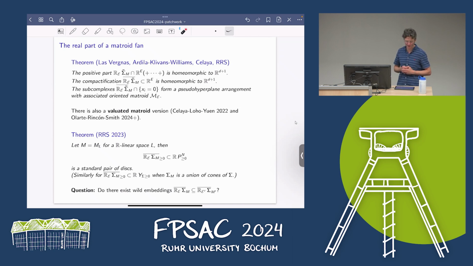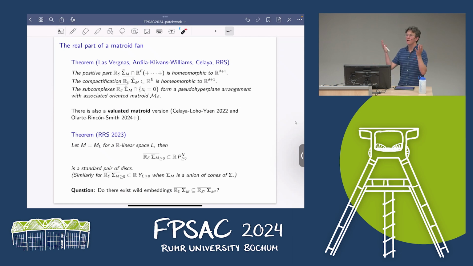The closest thing we have is a theorem that we proved in follow-up work with Renaudineau, Rau, and myself. It says that if we look at the compactification of the projective Bergman fan when we patchwork it, in the positive part of real projective space, then this pair is a standard pair of disks.